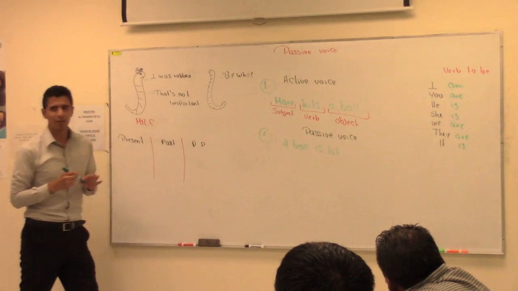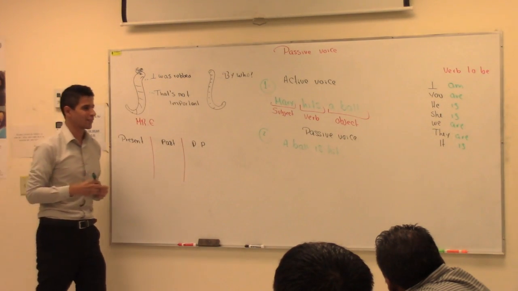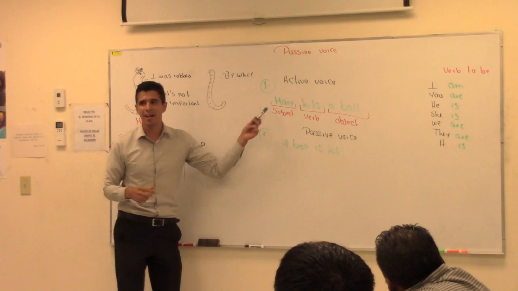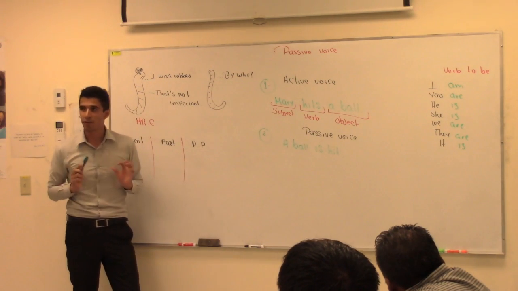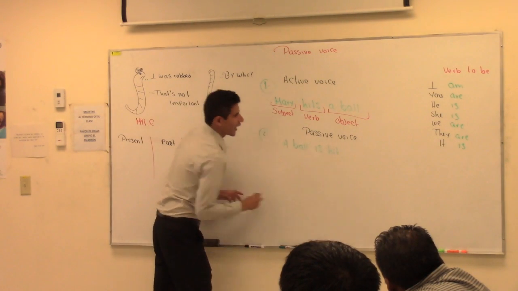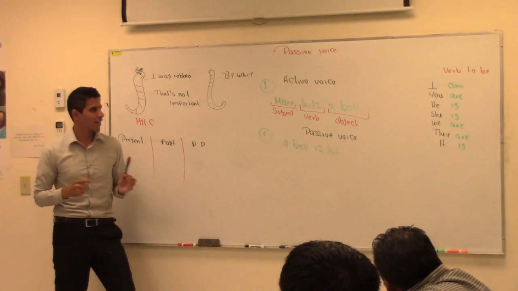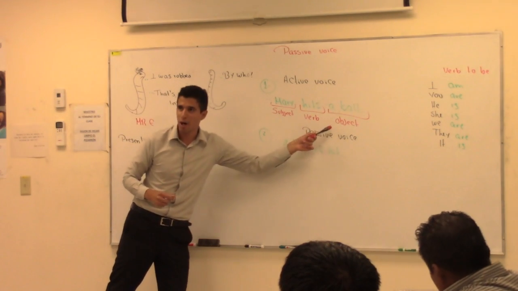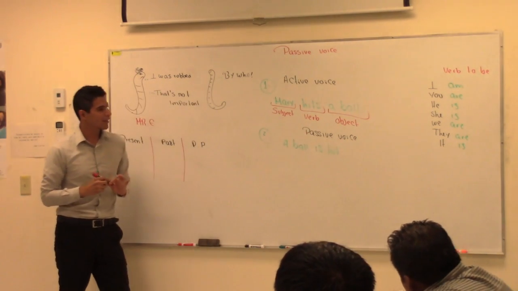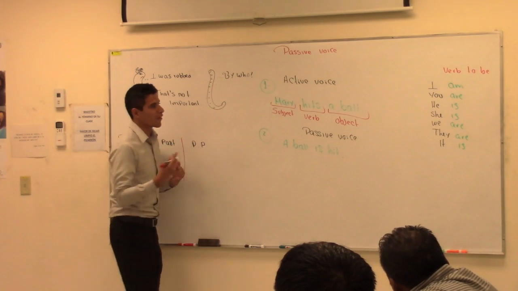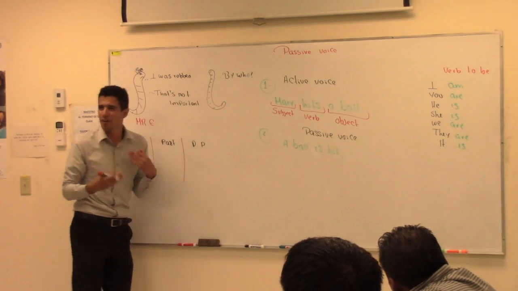Right, a ball is hit. What happened here? What is the difference between the active and the passive voice? Very simple. As you can see, in the active voice we have a subject, a verb, and an object, okay? But in the passive voice, we don't care about the subject, okay? We don't care much about it.